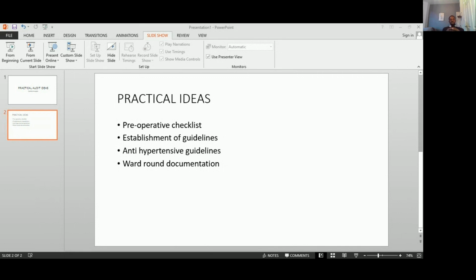After some time, maybe about 2 weeks to a month, you would want to do another cycle, in quotes, and then you would design a questionnaire to ask each member of the team how beneficial the preoperative checklist has been, and what can be done to improve it.